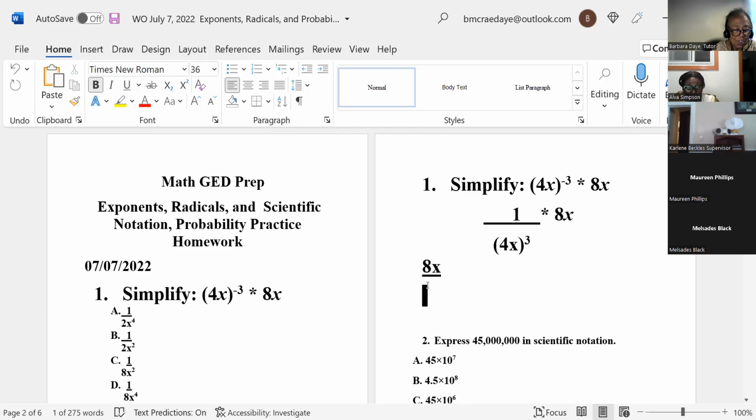So you'll have 64, and the x is also raised to the third. So you have x to the third, right? Everybody with me? Okay. So this is what this becomes: 8x over 64x to the third.